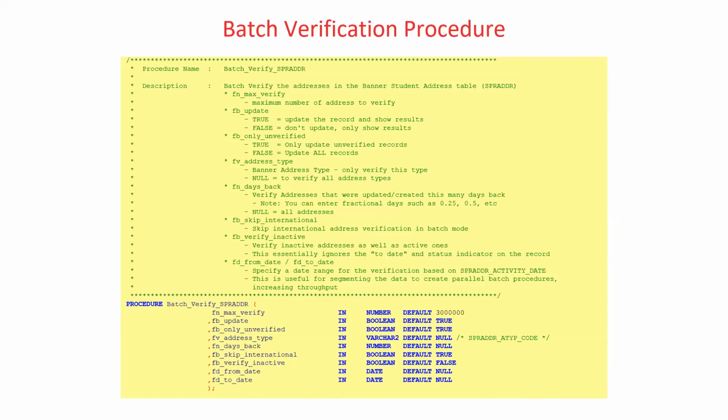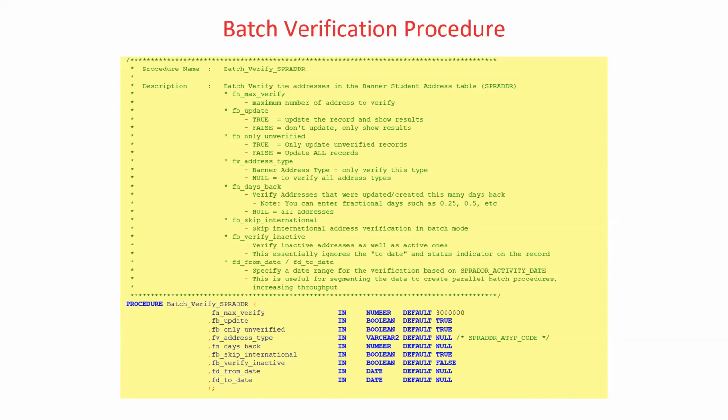In the batch verify SPRADDR procedure, there is a number of parameters at the beginning that you can set to update certain types of addresses, certain dates that addresses were entered, people that have entered addresses, and only unverified addresses, which means addresses that have been put in via some sort of a back-end procedure like a batch upload that would not have gone through our standard interfaces that catch addresses that are entered incorrectly.